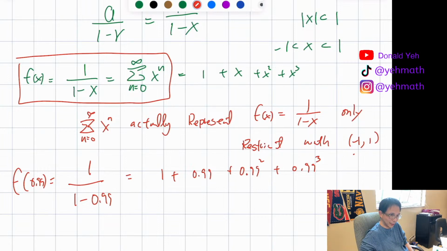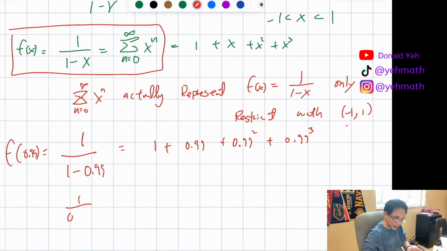Now this one's kind of hard because you're going to have to keep on adding, but you know that at the end it's going to be 1 over 0.01. That's equal to 100.